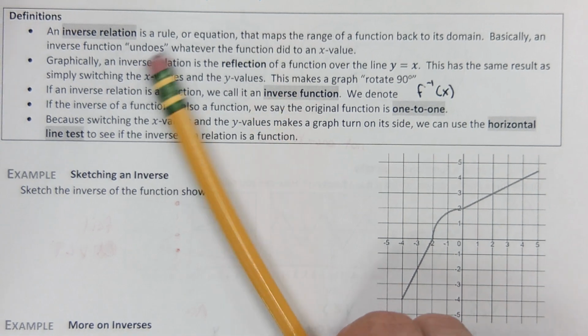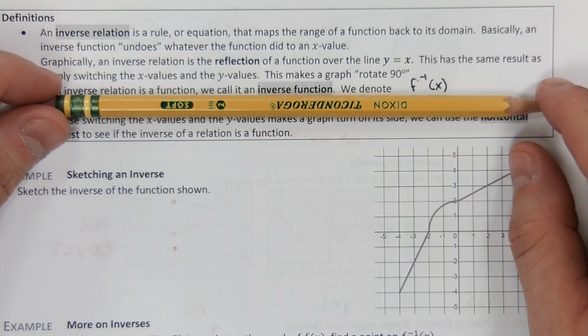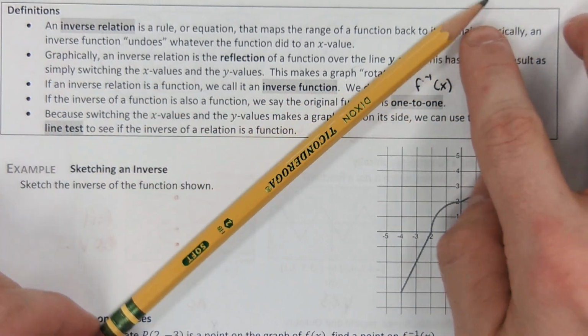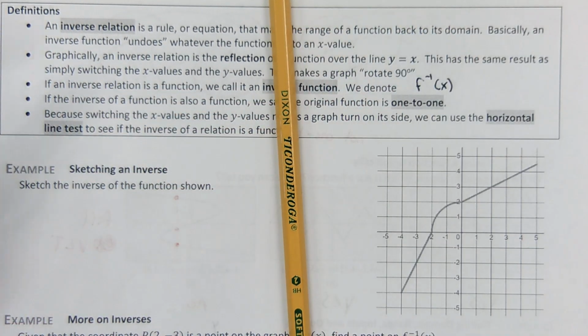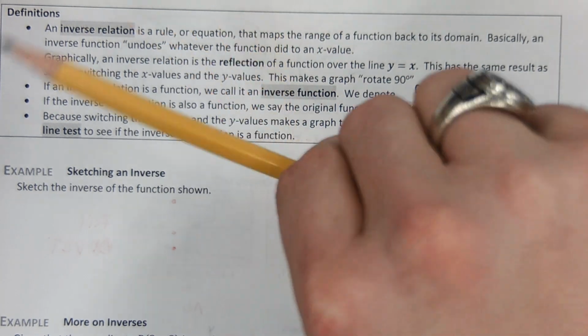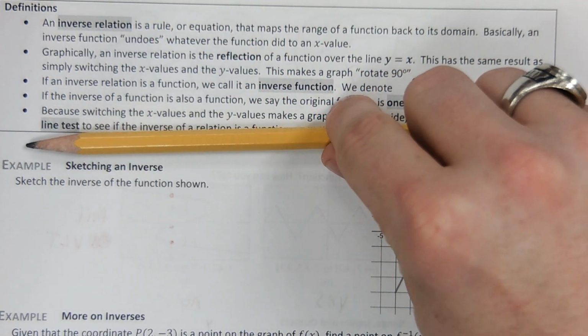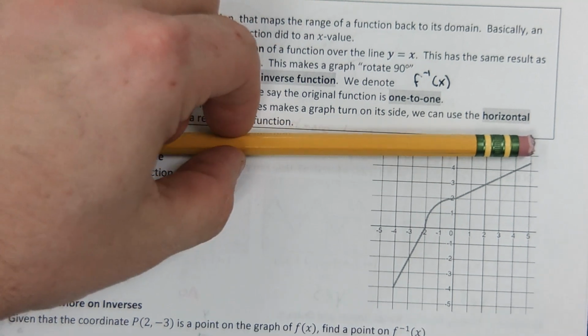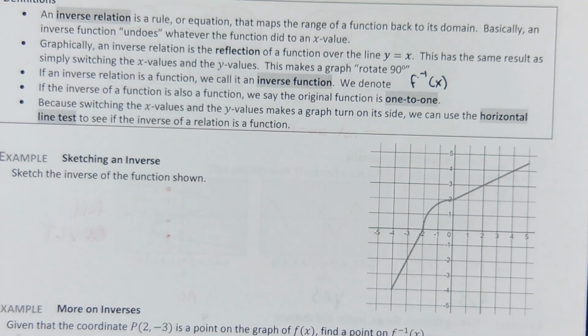If our graph passes the horizontal line test, finding the inverse rotates it 90 degrees, which would then be a vertical line test on the inverse. So if our original passes the vertical line test, making it a function, and passes the horizontal line test, then we know it's one-to-one because its inverse is also a function. We have to pass both tests to be one-to-one.